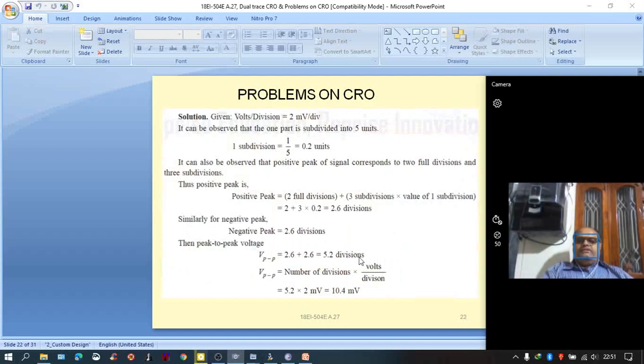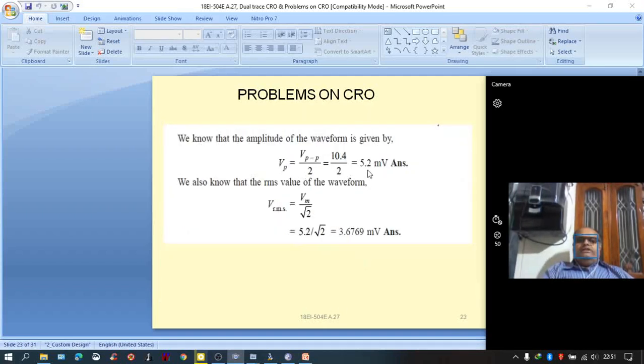That explanation is available here anyhow. The peak value is 5.2 millivolts. And the RMS value of a sinusoidal signal can be obtained as Vrms equals V maximum by root 2. That is 5.2 by root 2, or 5.2 by 1.414, and that comes to around 3.6769 millivolts.